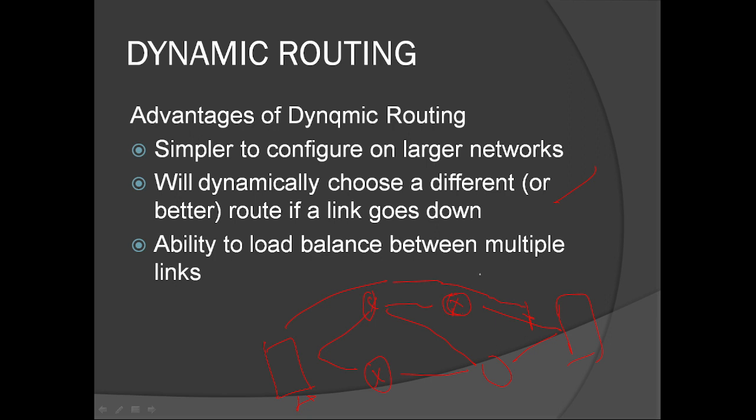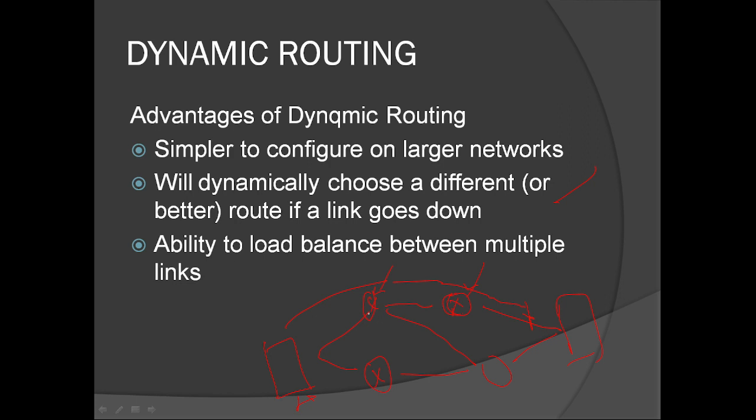Let's say the direction sa taas has a faster link and has a stable or reliable link. Basically, ito yung gagamitin niya when these routers are configured with dynamic routing.